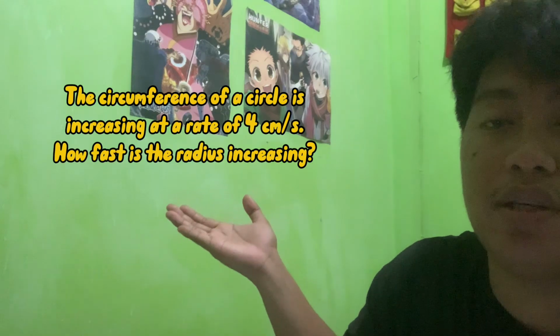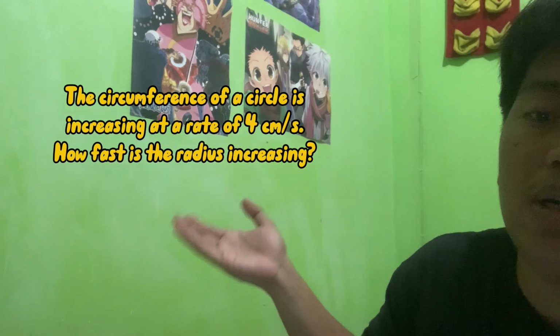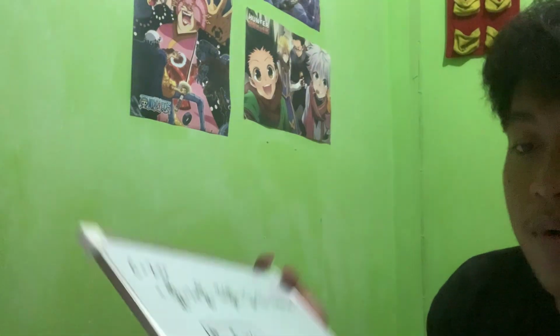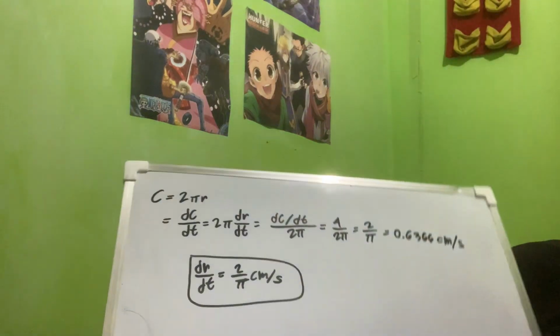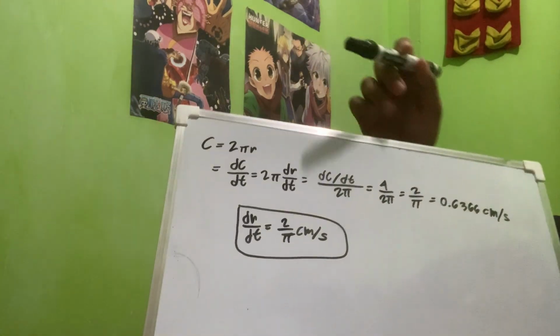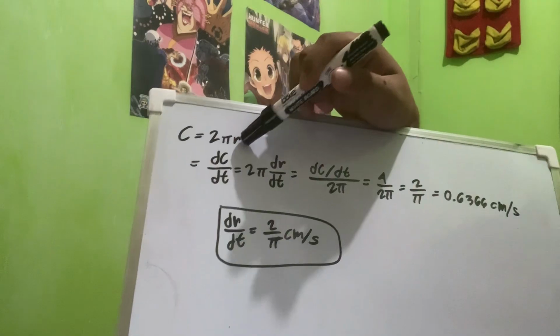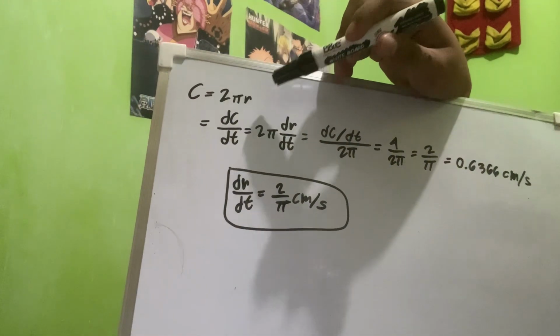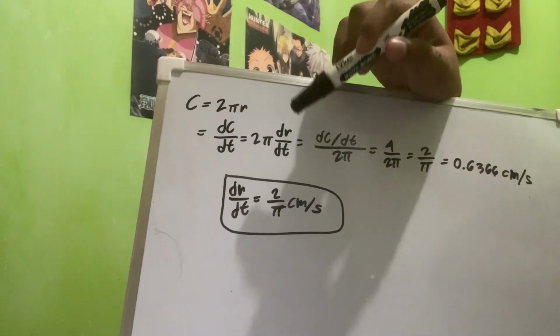We relate circumference and radius: C equals 2 pi r. We differentiate: dC over dt equals 2 pi times dr over dt.